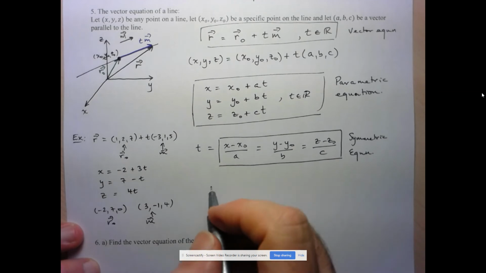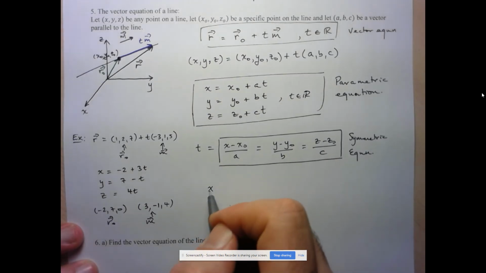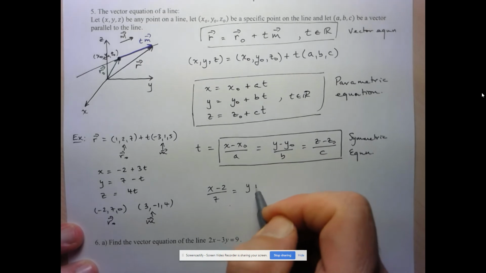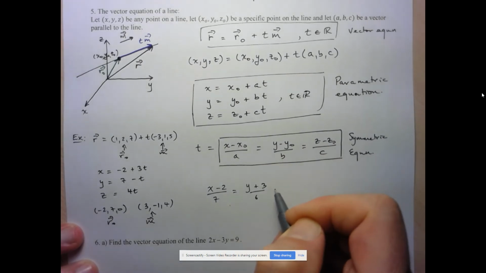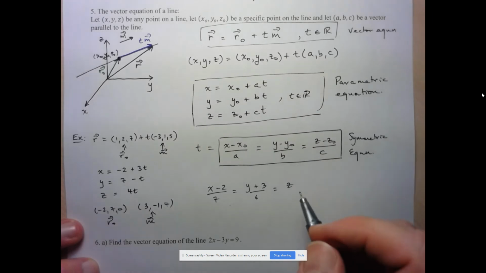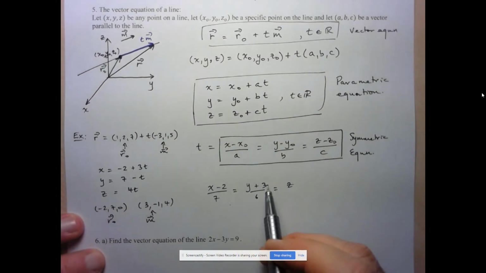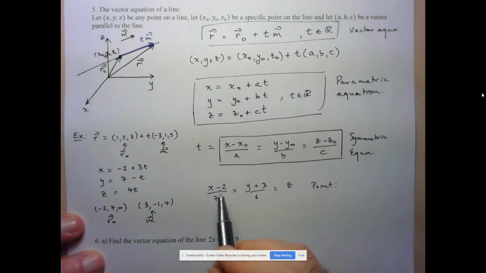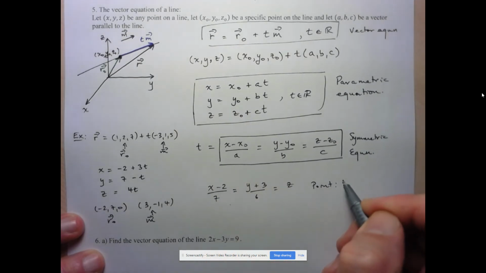Or if you're given an equation in this form: x minus 2 over 7 equals y plus 3 over 6 equals z. You should be able to identify that the numbers in the numerator represent the point on the line. So what is the point? Here it's x minus x naught, so x minus 2, so it's 2.